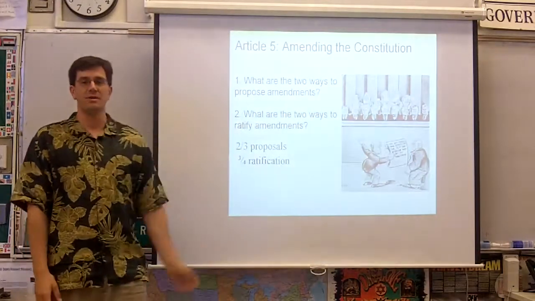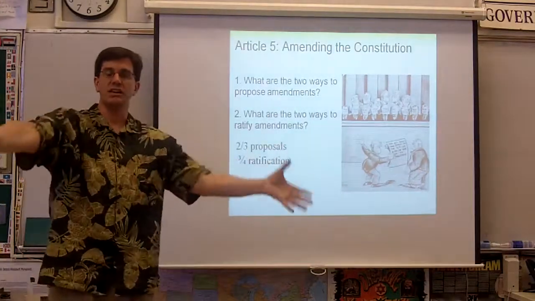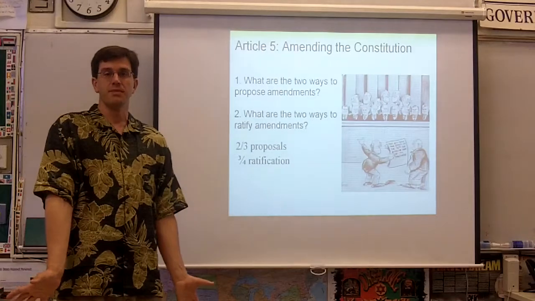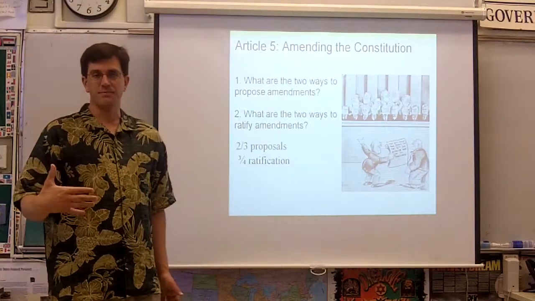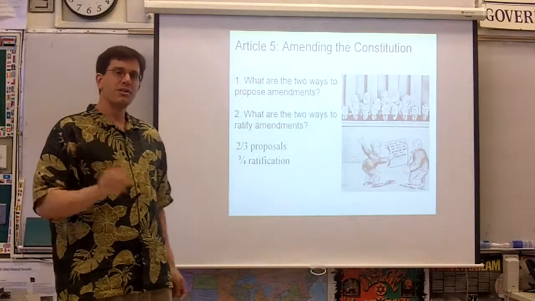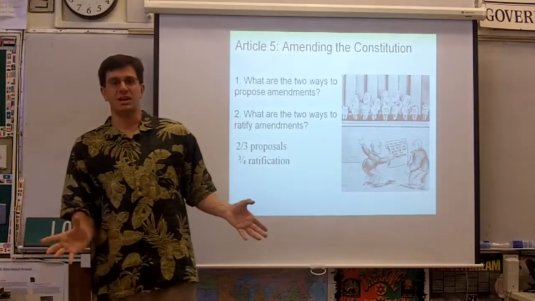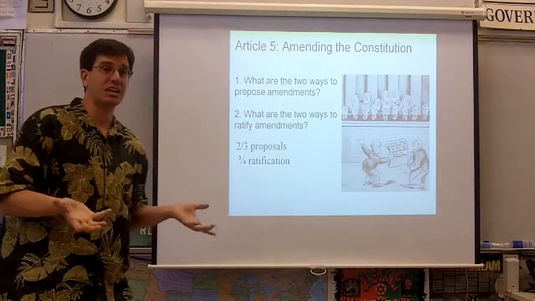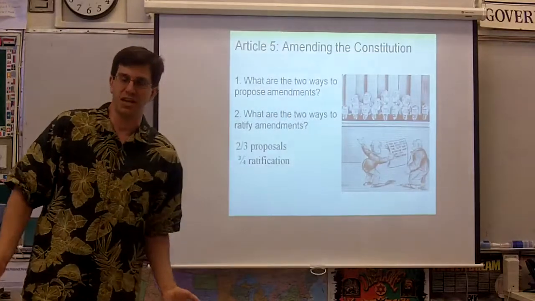Anyways, how do you ratify an amendment? Happens at the state level. 3/4 of all the state legislatures across the country would have to approve the amendment, officially ratify it, or there could be conventions of citizens in 3/4 of the states. If, for example, they didn't think the state legislatures were actually going to do this, they could have meetings of citizens in the different states.